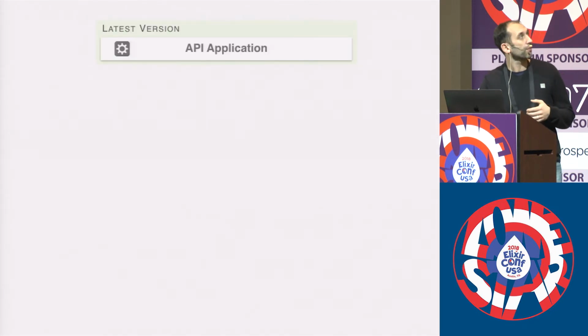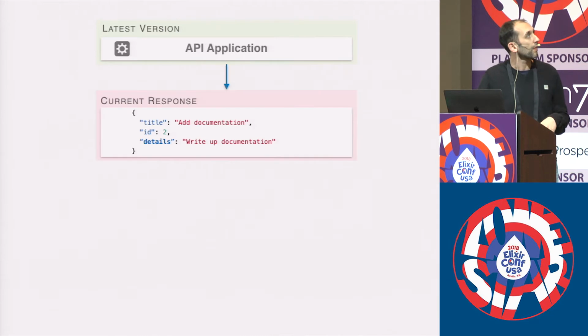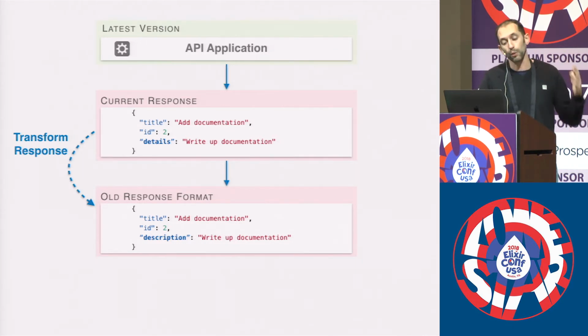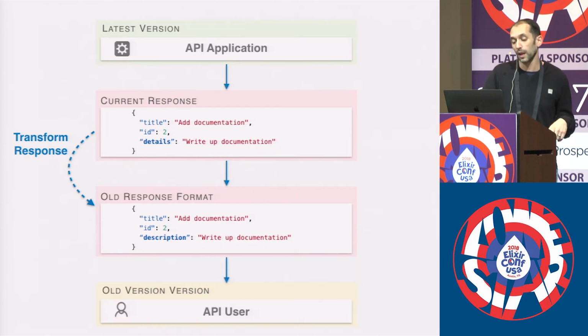Looking at it from the application perspective this time, the application is running on the latest version, and it returns the new response because we always make our changes to the latest version. We transform that response from the new response to the old response, basically changing details to description, and send it back to the user who's running on the older version. So they get the old format.